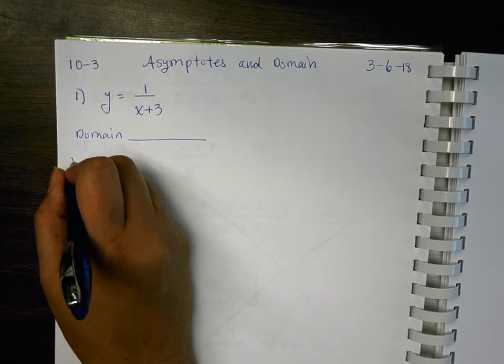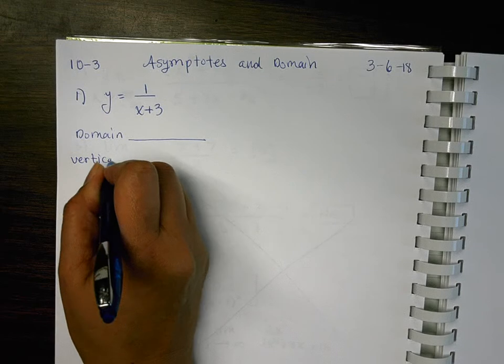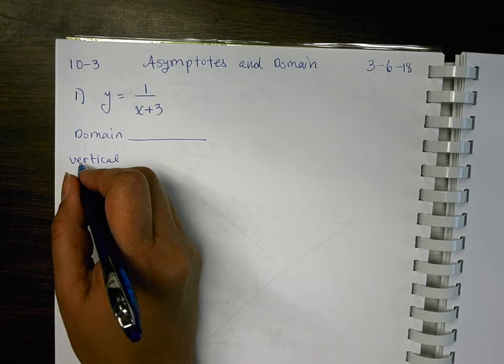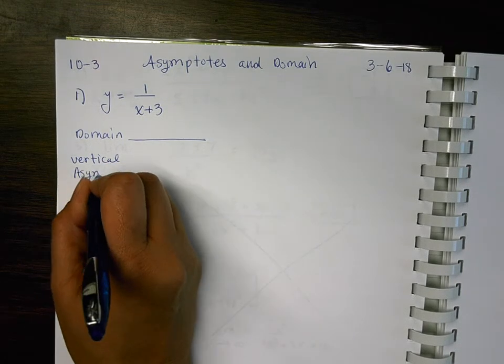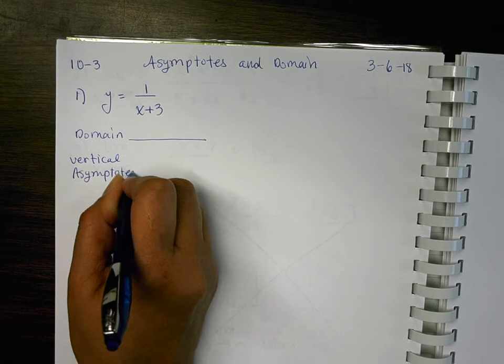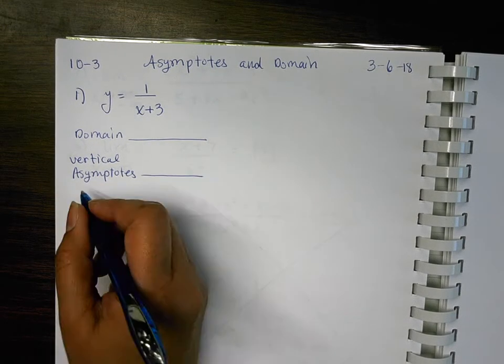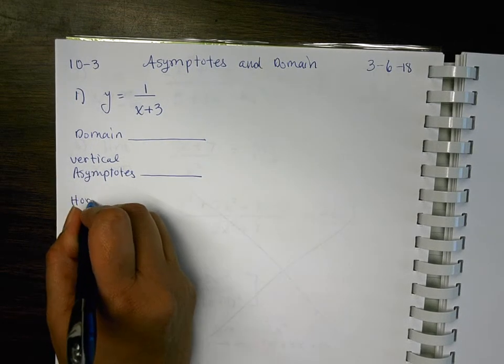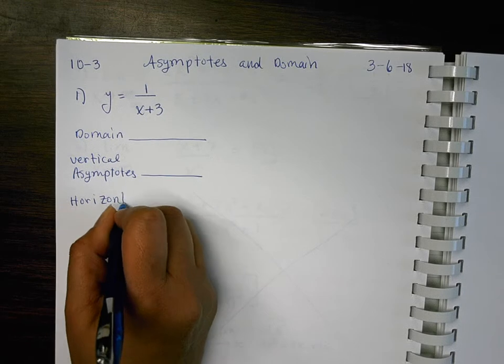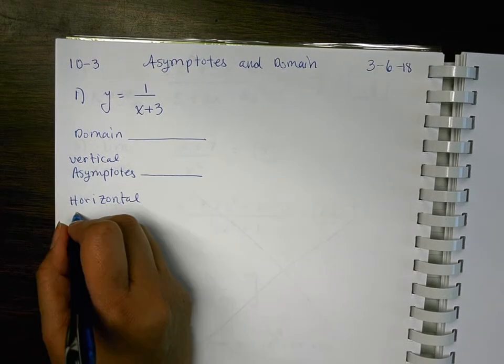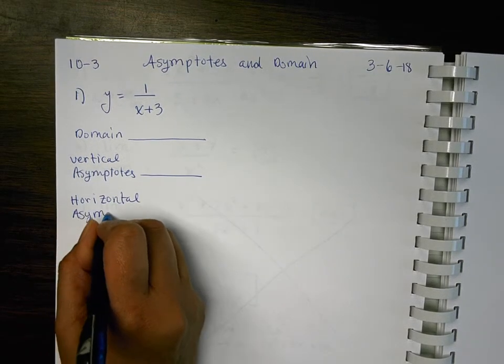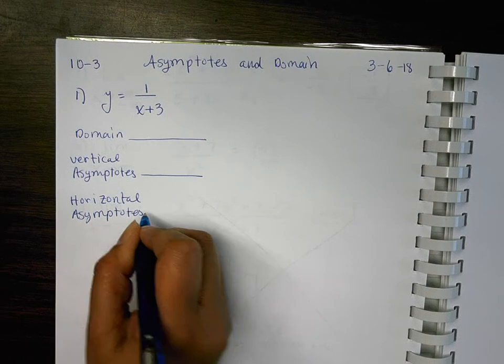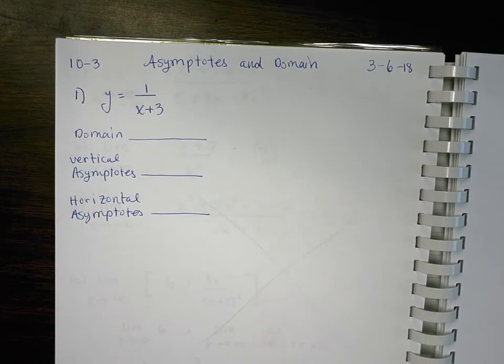We are going to find the vertical asymptotes, as well as the horizontal asymptotes. And then tomorrow we will start the sketching.